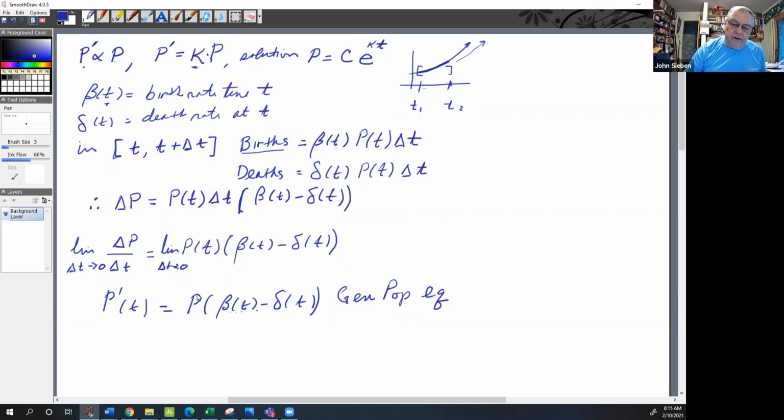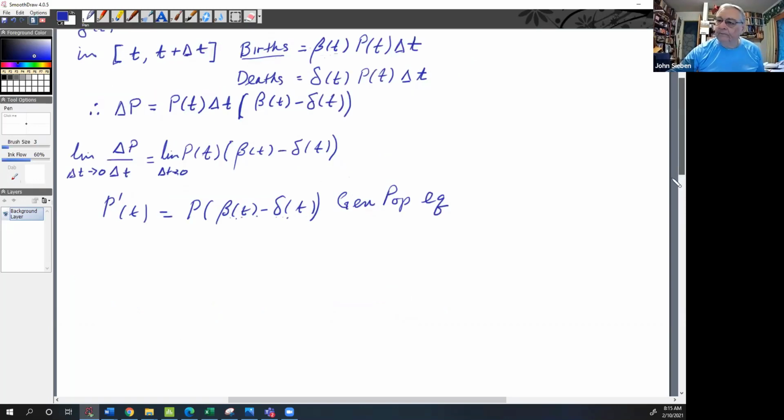And so we would have the original differential equation. But it gets interesting when beta and delta are not constant, and then we get something a bit new. So let's look at problem 10.